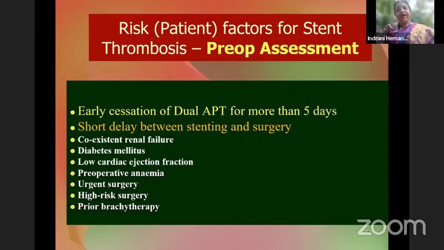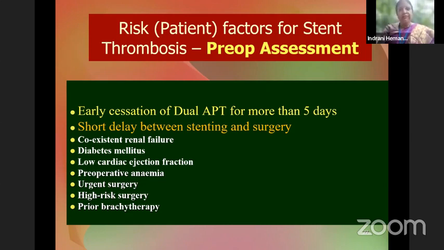So once you have a patient with a coronary stent, you need to do a proper preoperative assessment. Every single line which I say is very important. So is there an early cessation of dual antiplatelet therapy for more than 5 days?